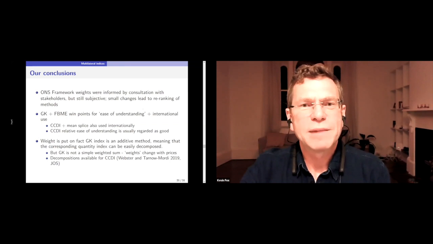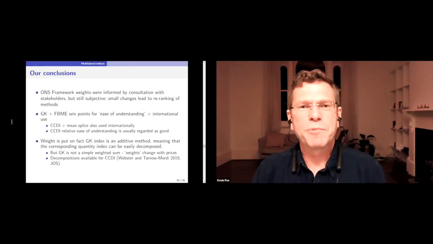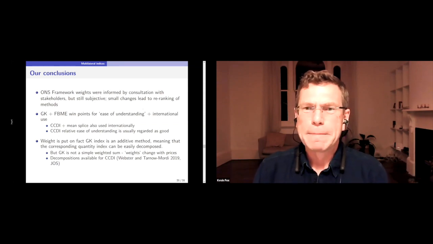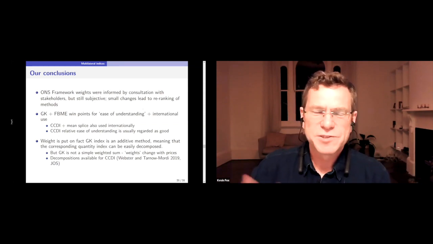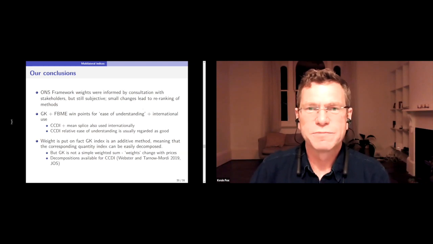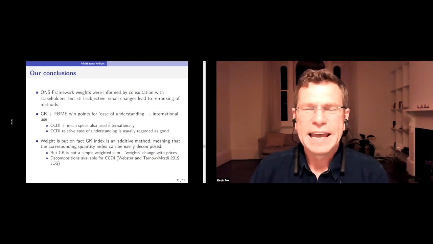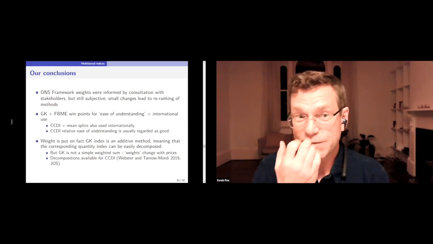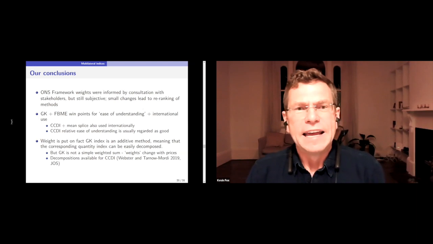Okay, ONS framework weights. How did they come up with these? Well, they're informed by consultation with stakeholders, but any such consultation is not based in theory, it's still subjective. And it's easy to show that small changes of those weights can lead to a re-ranking of the methods.